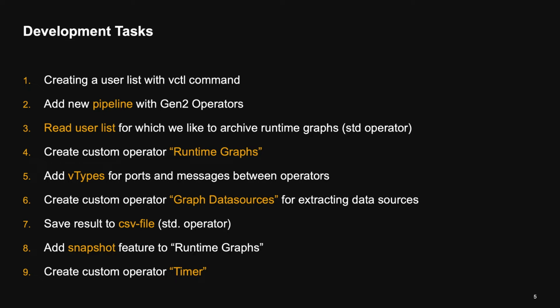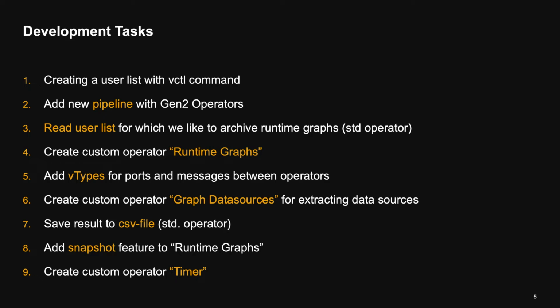Then we have to create our first custom operator, runtime graphs, that consumes the user list, gets the runtime graphs from a REST API and sends the resulting table to the next operator. In parallel, we have to add new vtypes for ports and messages between the operators, based on what we have learned from the data we have got from our REST API calls. The next step is to create our second custom operator, graph data sources, for extracting the data sources.